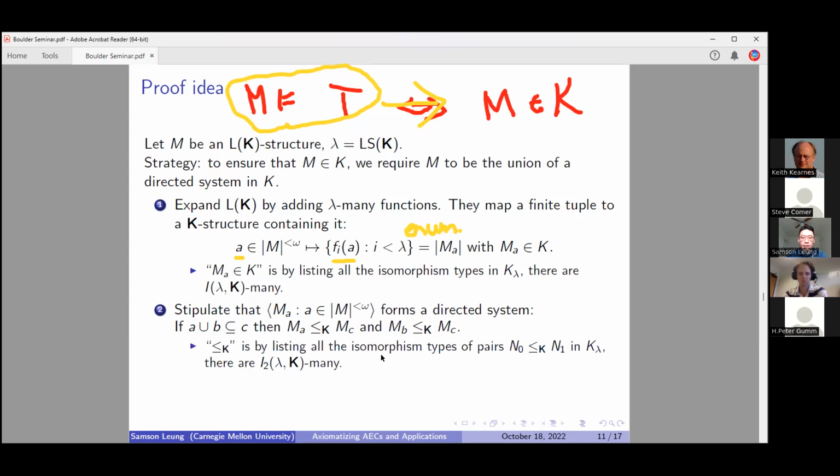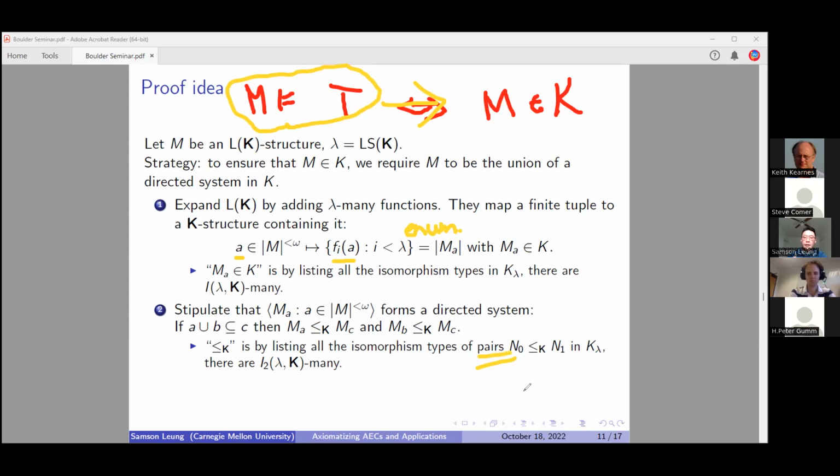So how do we do this? Well, we just do the same. We just list all the isomorphism types of this time pairs. So in some sense, I'm doing the proof by brute force. Just list all the possible pairs. And this time we have I_2 many.